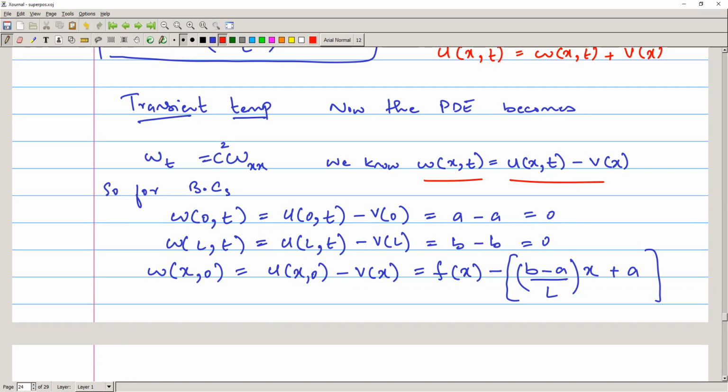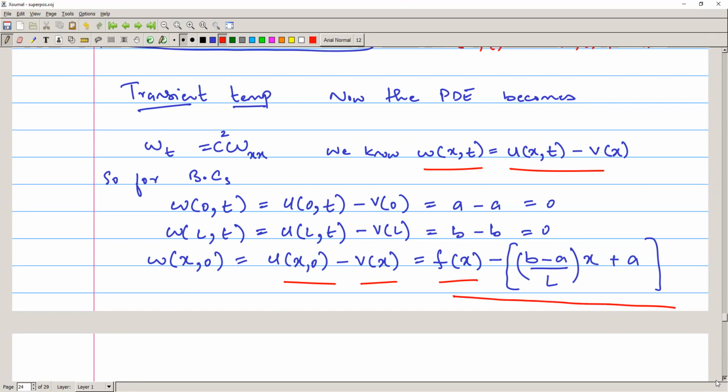So now this problem is transformed to homogeneous Dirichlet boundary conditions. And then w of x,0, that is the initial condition, is equal to u of x,0 minus v of x, where u of x,0 is given initially as f of x, and v of x we found using the second order differential equation that we formed using the steady state temperature, right? So this is now the initial condition, right?